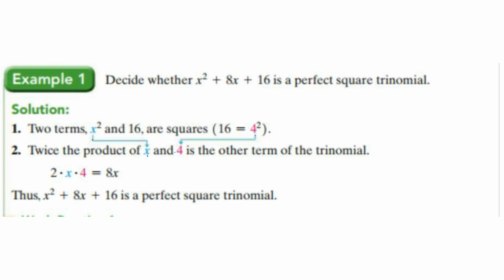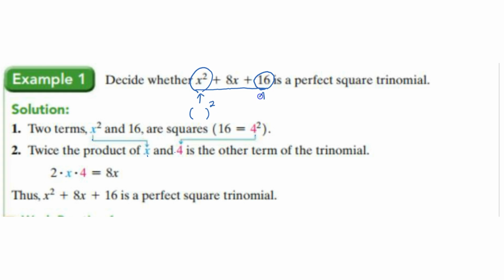Now we want to decide whether this trinomial is a perfect square. We have to look at the first term and the last term. In the first term, is there a number or a variable that you square that will give you x squared?